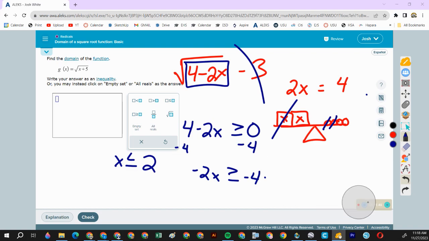Okay, but what if I have -2x is greater than -4? Okay. So which side is heavier? The left side is heavier, right?